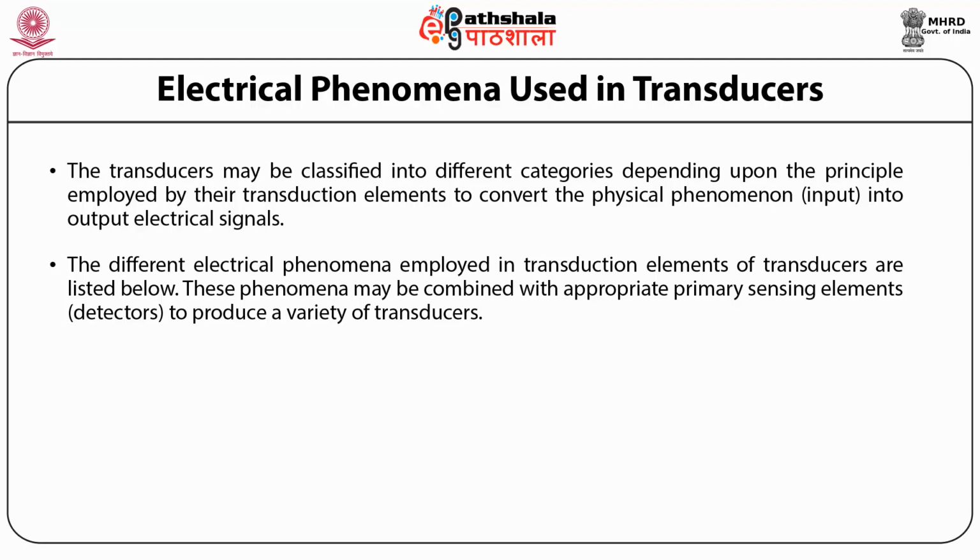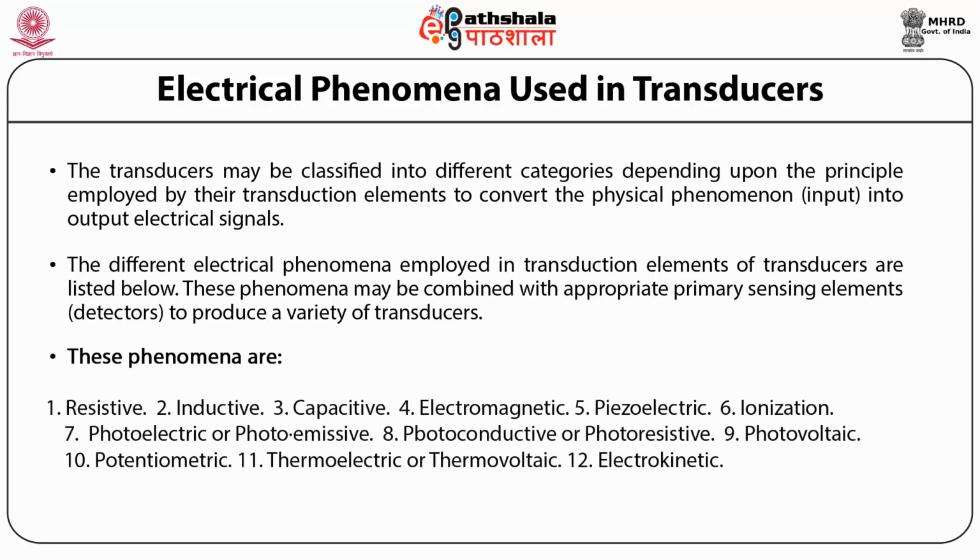These phenomena may be combined with appropriate primary sensing elements, that is detectors, to produce a variety of transducers. These phenomena are resistive, inductive, capacitive, electromagnetic, piezoelectric, ionization, photoelectric or photoemissive, photoconductive or photoresistive, photovoltaic, potentiometric, thermoelectric or thermovoltaic, and electrokinetic.